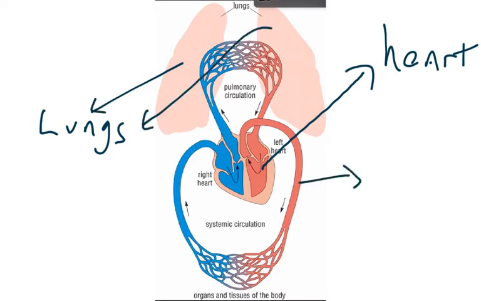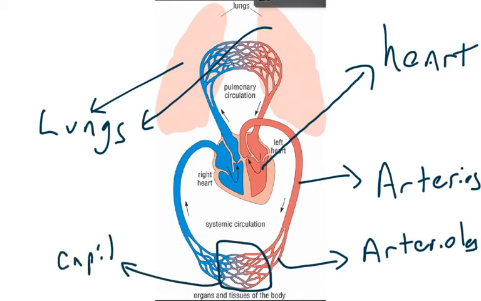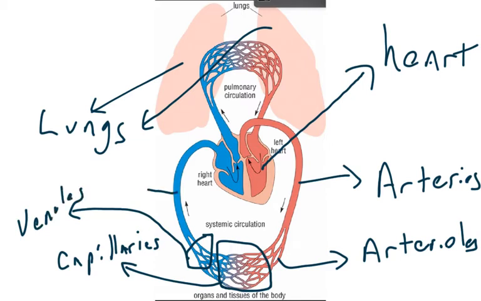We've got the arteries, the arterioles, and of course, within the tissues of the body, we've got the capillaries. Then, in this section, we're starting to get bigger again. We've got the venules, then the veins, and then we go back into the heart.